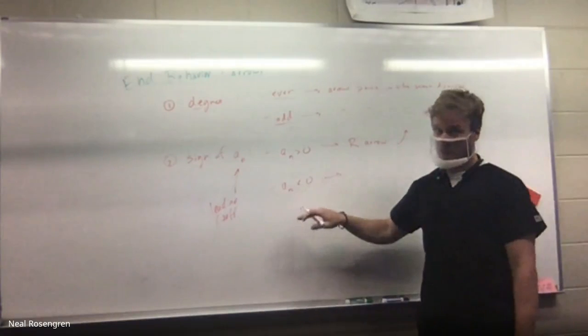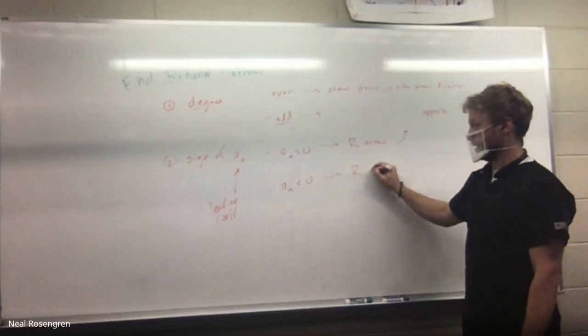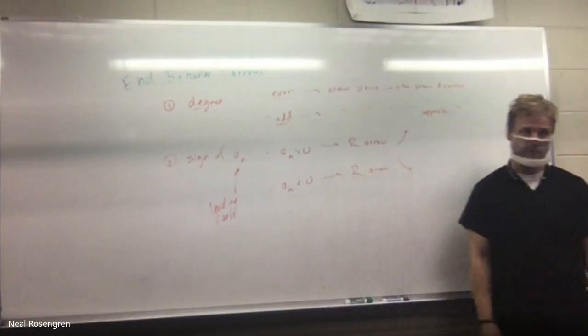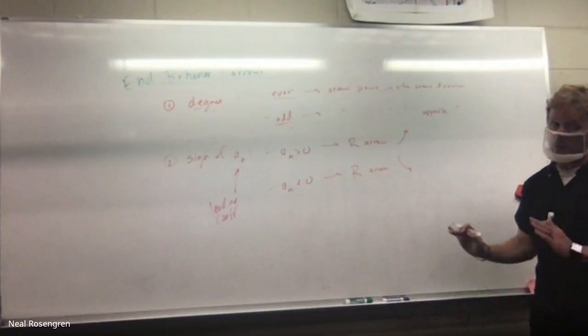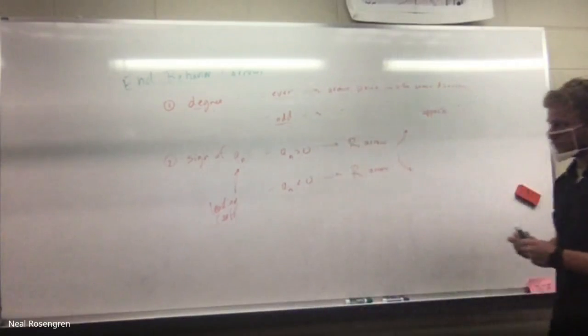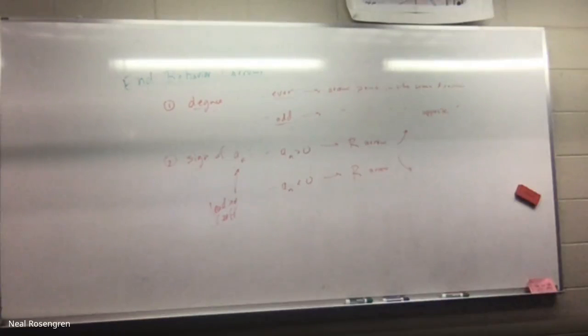If your leading coefficient is negative, your right side arrow is pointing down. I don't know the arrow on the left without looking at the degree and the sign at the same time. So I have to consider both options.